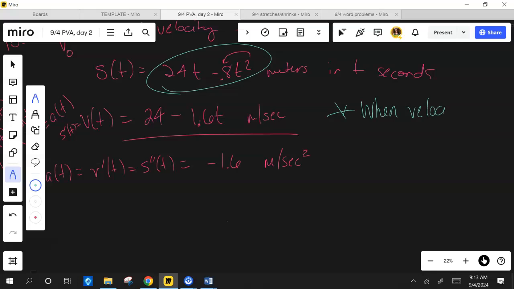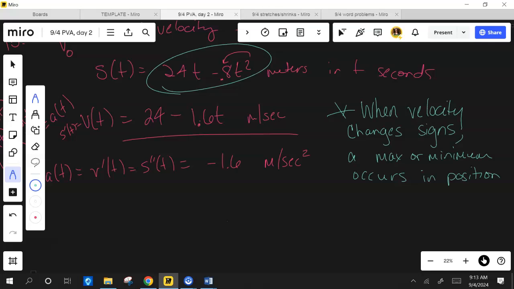This is how you have to justify: when velocity changes signs, a maximum or minimum occurs in position. This makes sense if you think about it. Well, how do you know? It's changing directions. You're exactly right. That's what it means, right?